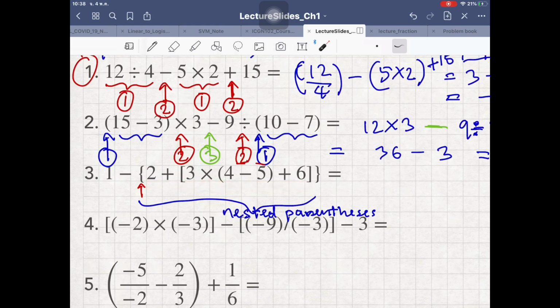Okay, and then if you read from left to right again, now you see the next parenthesis, and it is the square bracket.